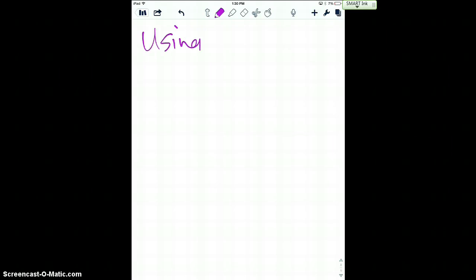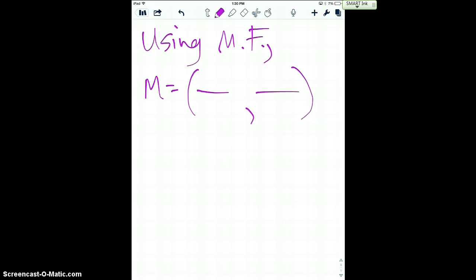So first step, using the midpoint formula, M is going to equal, and I'm going to show my work here, add the x's together, divide by 2. Add the y's together, divide by 2. Then I'm going to do the same thing for N. Okay, so you have your picture in front of you.